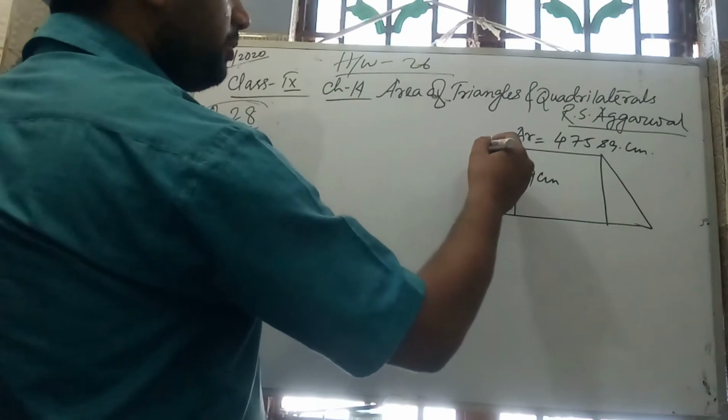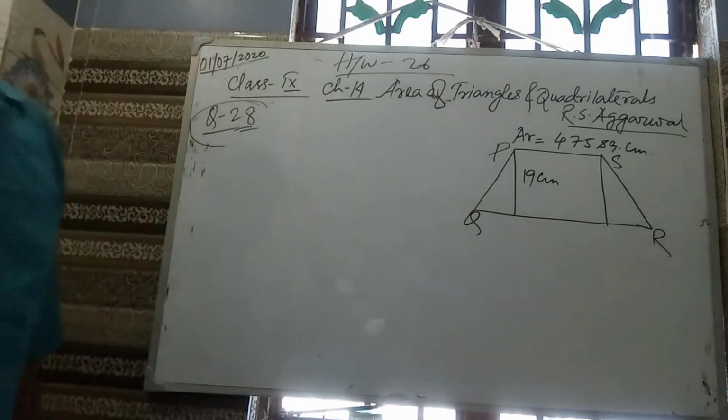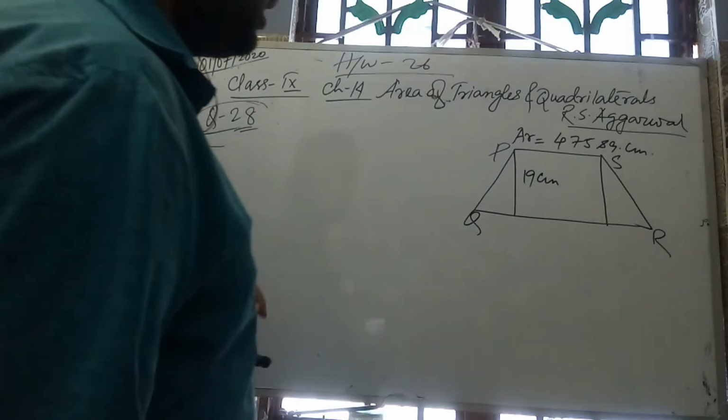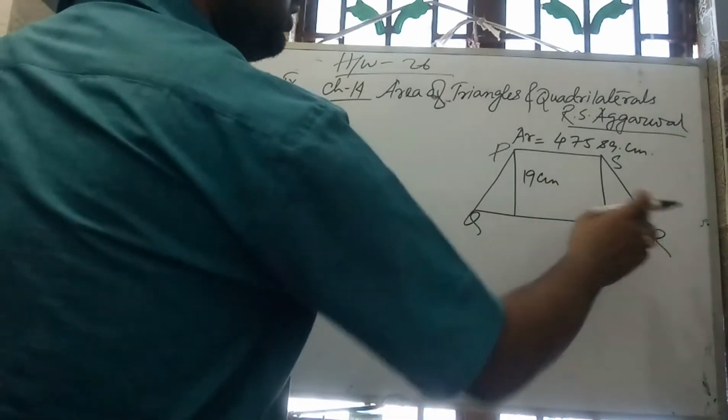Let us name this trapezium PQRS, whose area is 475 square centimeter, height 19 centimeter. Next, what is given? Find the length of its two parallel sides if one side is 4 centimeter greater than the other side. That means we have to find out length of PS and length of QR.